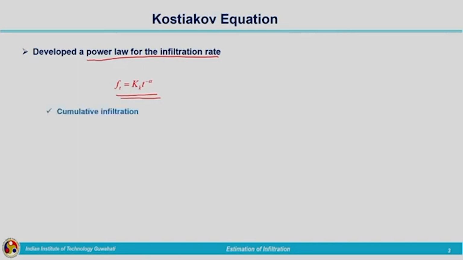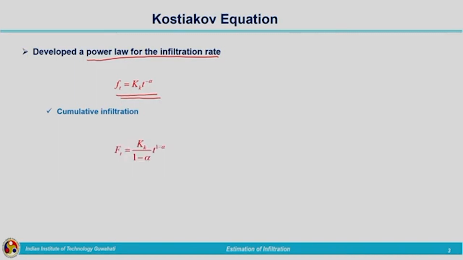For cumulative infiltration, we know the relationship between the cumulative infiltration and the infiltration rate. Once the infiltration rate is known, after integrating that expression we will get the cumulative infiltration. Same thing has been done here.